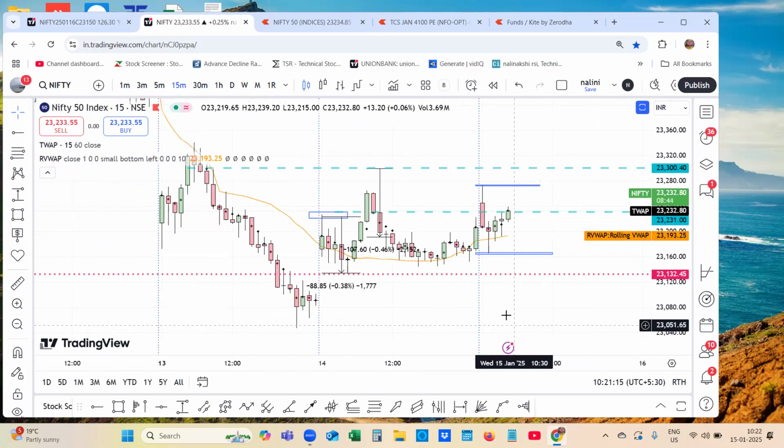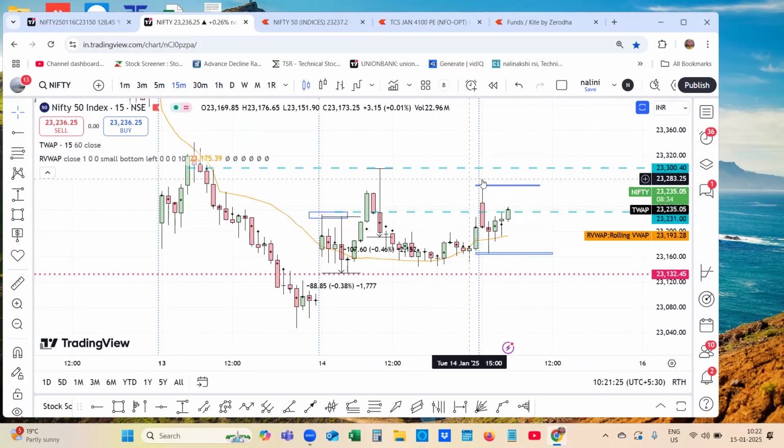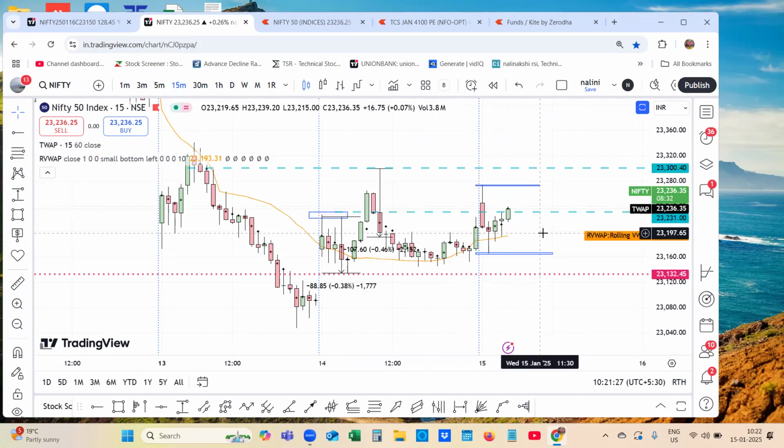It appears that today also might be a range day. If it fails to go past this level, almost 2 hours has been spent, and another 2 hours, that means 12, 1, 2, it may trade within this range.